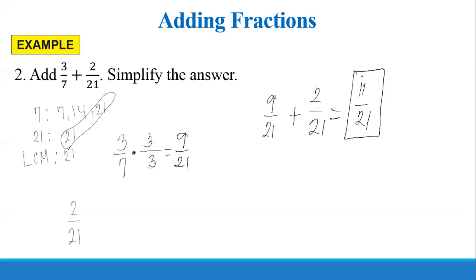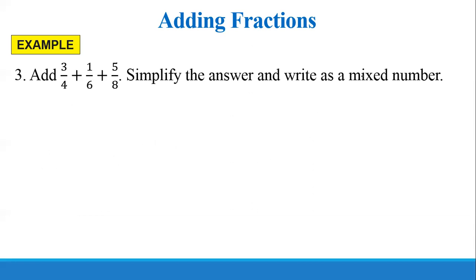Alright? And you can also add more than 2 fractions as long as you find first a common denominator. Okay? Ayan. Pwede rin tayong mag-add ng more than 2 fractions as long as you find first a common denominator for all of them.